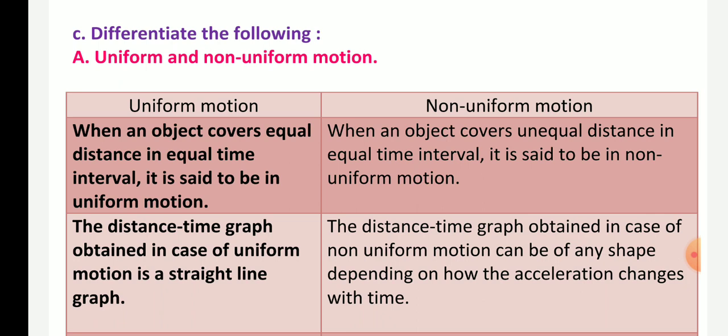Differentiate between uniform and non-uniform motion. Let's see the first point of uniform motion. When an object covers equal distance in equal time interval, it is said to be uniform motion, right? And when an object covers unequal distance in equal time interval, it is said to be non-uniform motion.